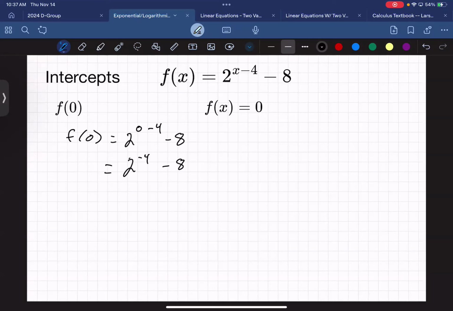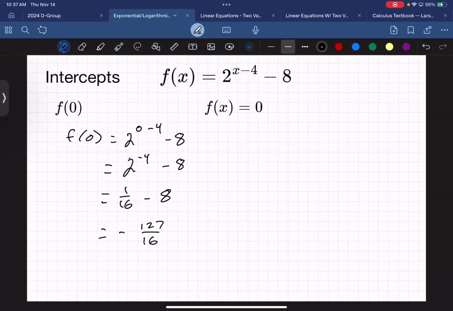So this would be 1 over 16 minus 8. The fun part is now you have to have the common denominator where you do 16 times 8. So what's that going to be? 108? No, 128? Double check. So you have negative 127 over 16, which is not necessarily something like, woohoo, let's plot that, okay? But they still have intercepts.